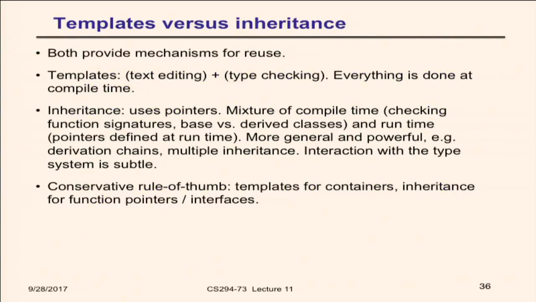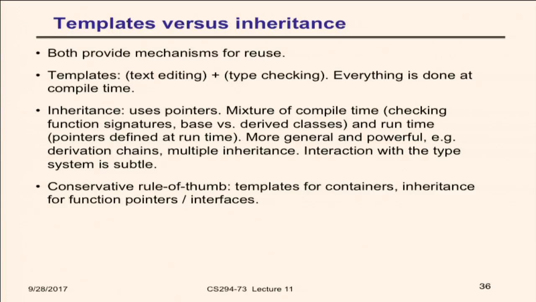So, templates versus inheritance. Both provide mechanisms for reuse. With templates, text editing and type checking, everything is done at compile time. Inheritance uses pointers, and that's always a bad sign. It's a mixture of compile time, checking function signatures, bases versus derived classes, and runtime, pointers defined at runtime.